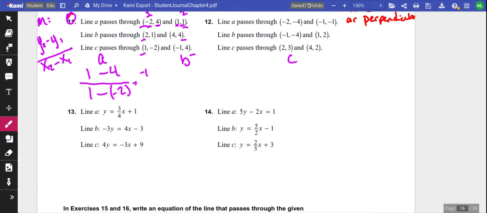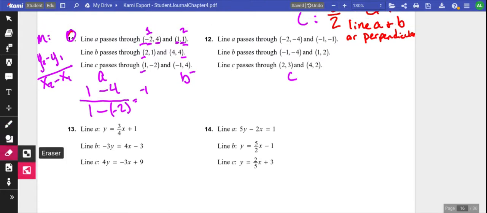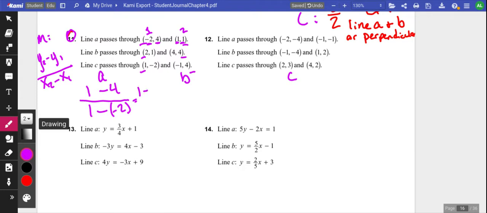So I've got 1 minus 4 over 1 plus 2. I end up with negative 3 over positive 3, which I know simplifies to negative 1. All right, that's my first one.